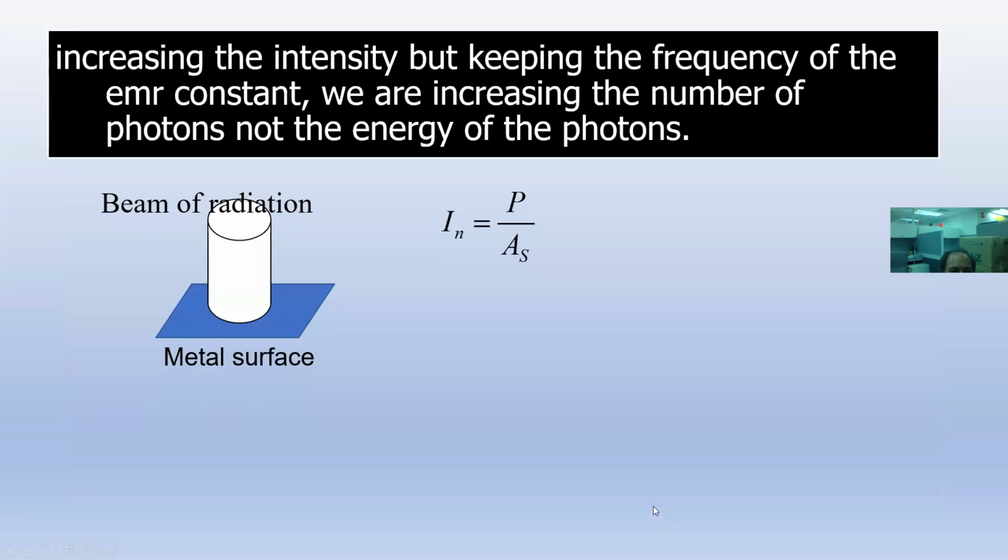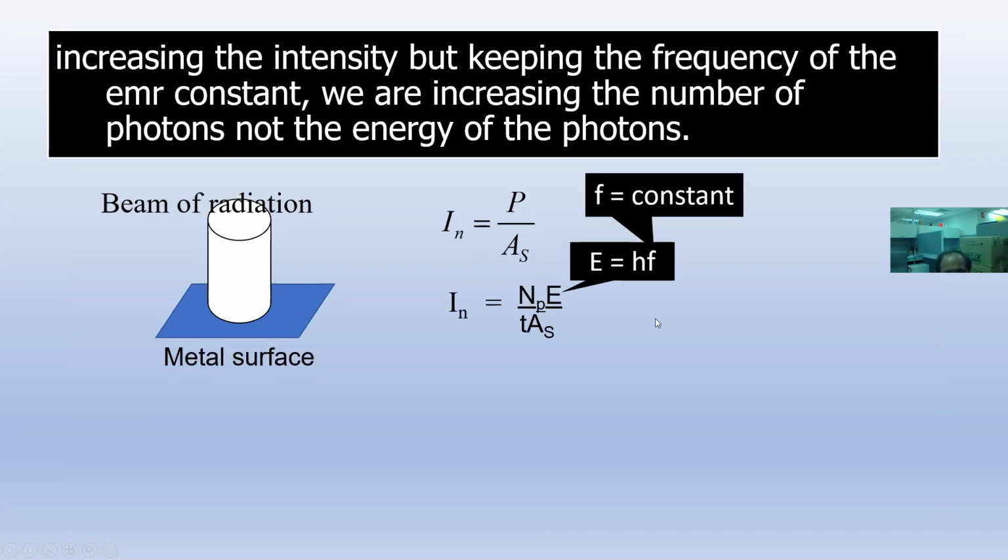Okay, let's illustrate it here. There's your beam of radiation falling on a metal surface. That's the equation. Now we just rewrite it, the full equation. Number of photons times energy of photon, divided by time. That's your total energy divided by time, over the surface area that the light or energy is falling on.